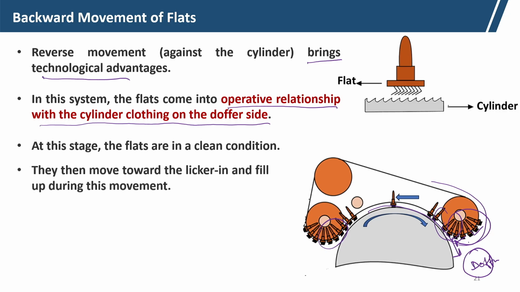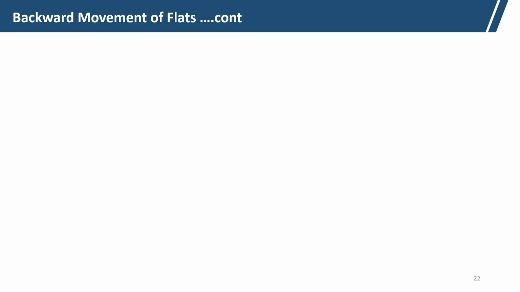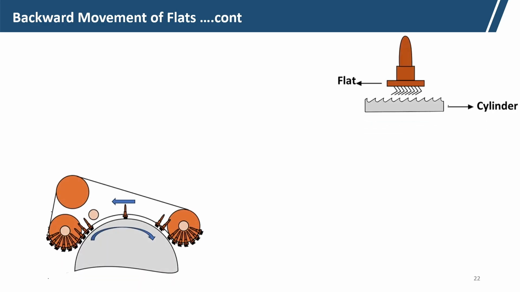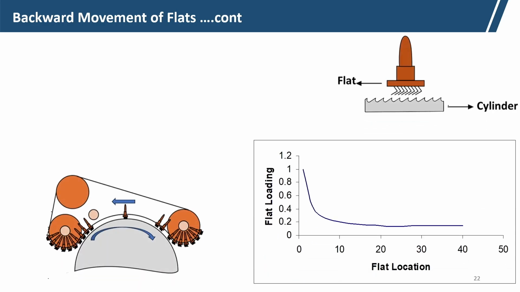They then move towards the licker-in side, and gradually the fibers are getting filled up during the movement. So, here it is clean, then gradually it is filled up. Okay. And you can see the flat loading: initially the flat load is very high, because of the reverse movement.